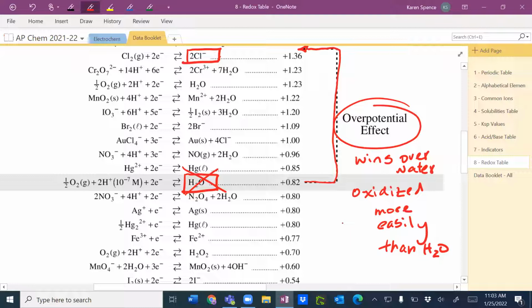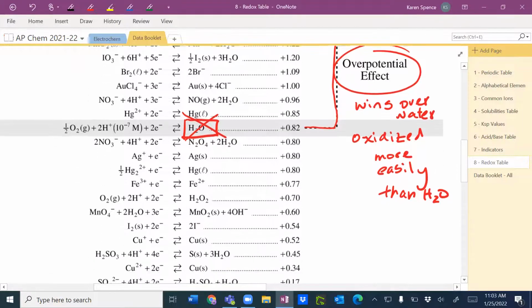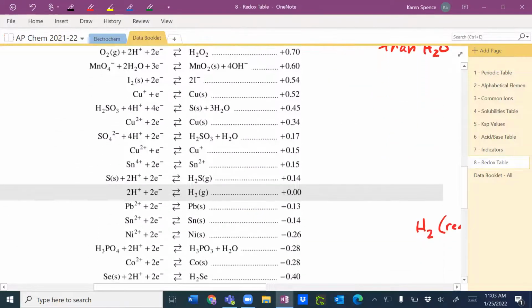And we were also looking for copper, Cu0. Now we have two coppers here.